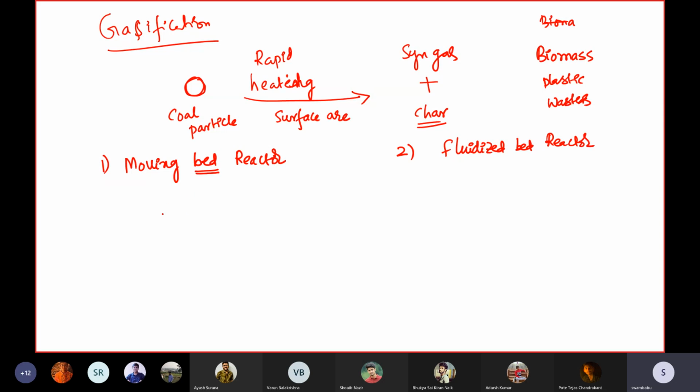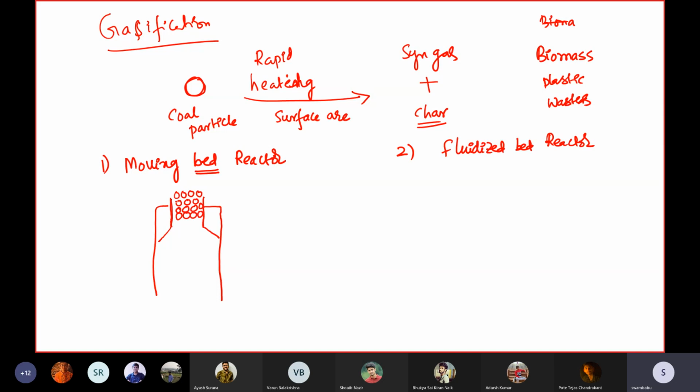So this is a reactor. In this reactor, we have a feed inlet, and here the coal particles are all fed from the top, and all these particles move as a bed.